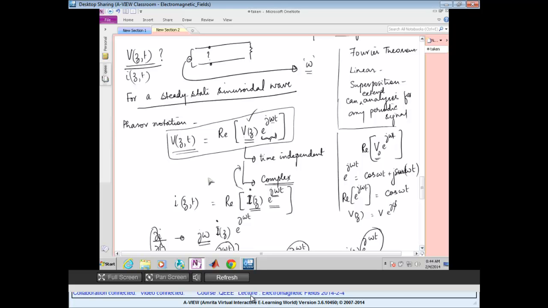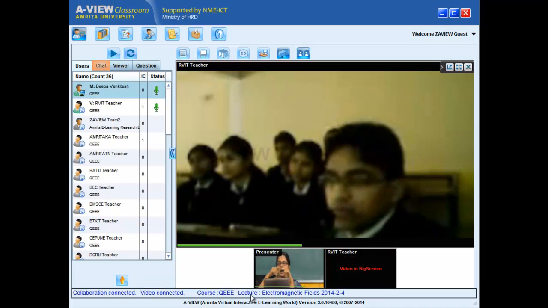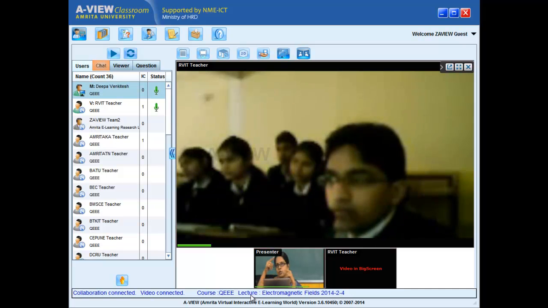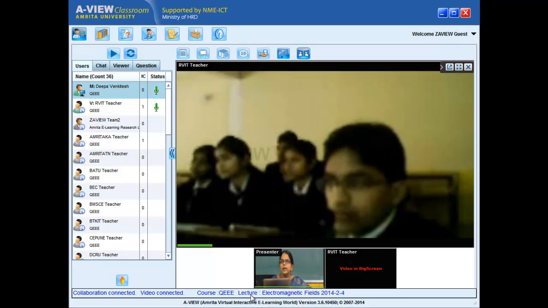You see, the basic logic is the following. These voltages, or any signal for that matter, if you know that its variation in time is going to be of a very well defined frequency, you know that it's going to change in a very well defined way, which is given by its angular frequency, or from your hertz frequency you convert to angular frequency. Then I don't have to worry about solving that.